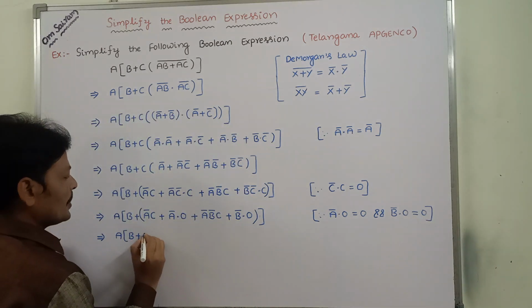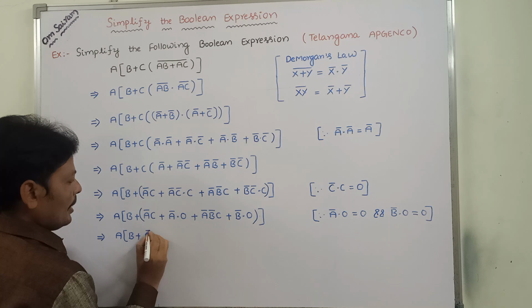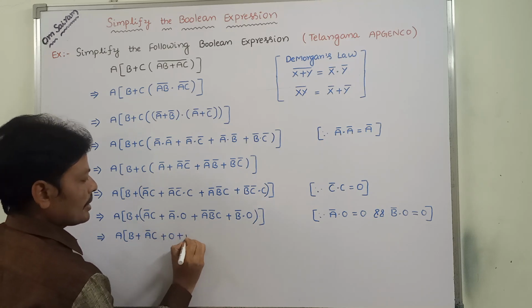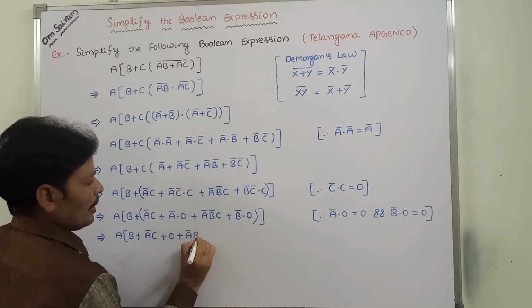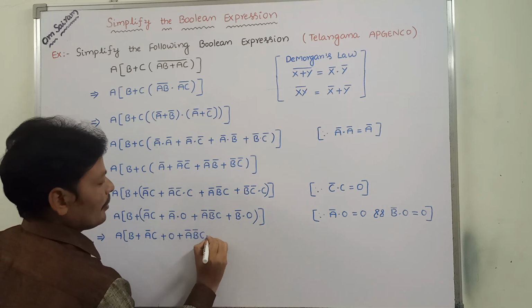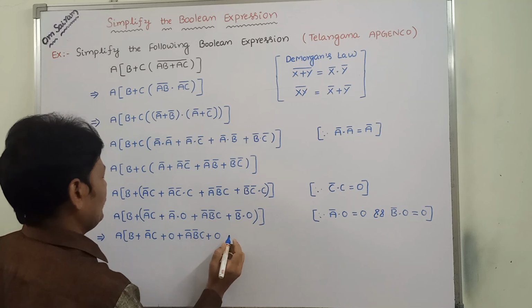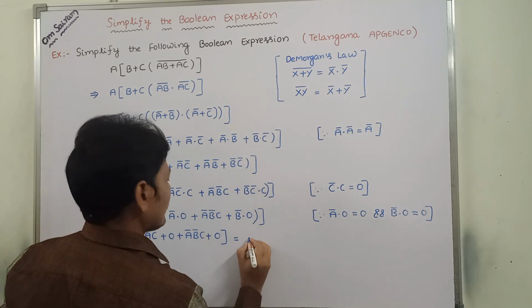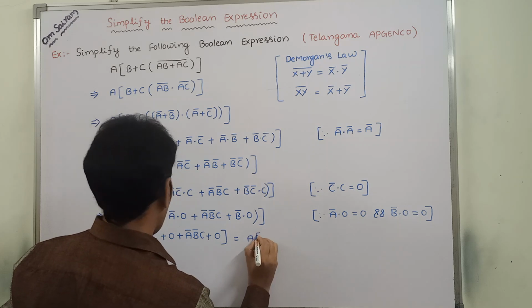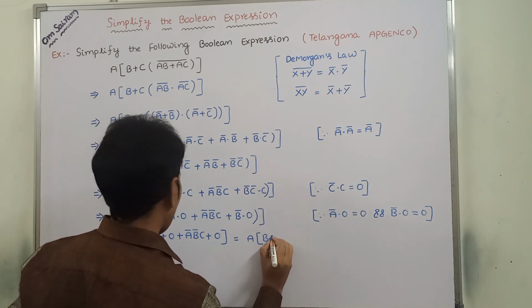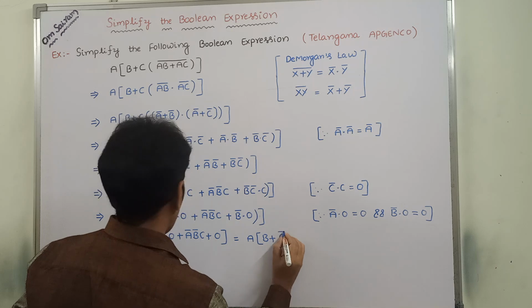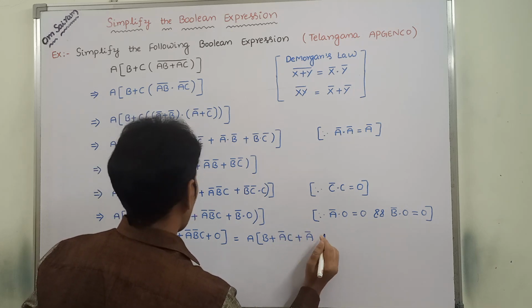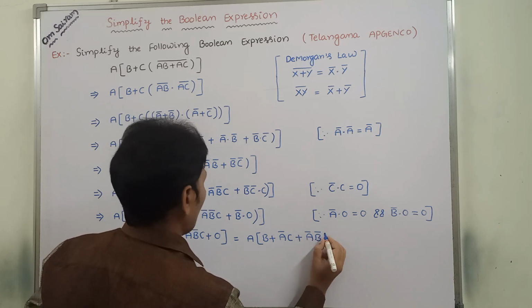So then it becomes A bar C plus 0 plus A bar B bar C plus 0. Then it becomes A into (B plus A bar C plus A bar B bar C).